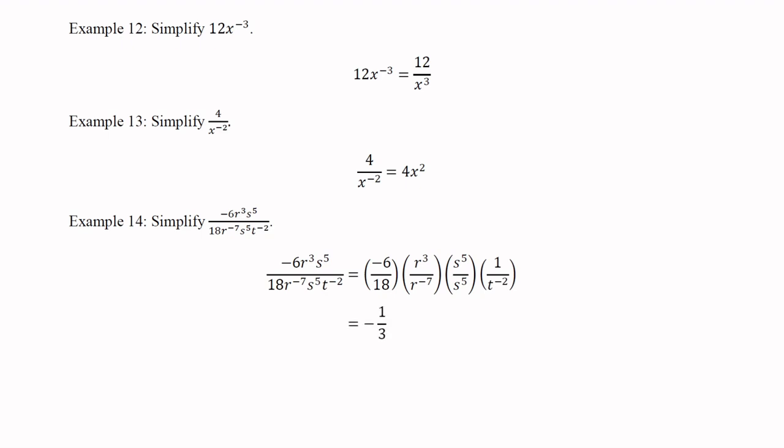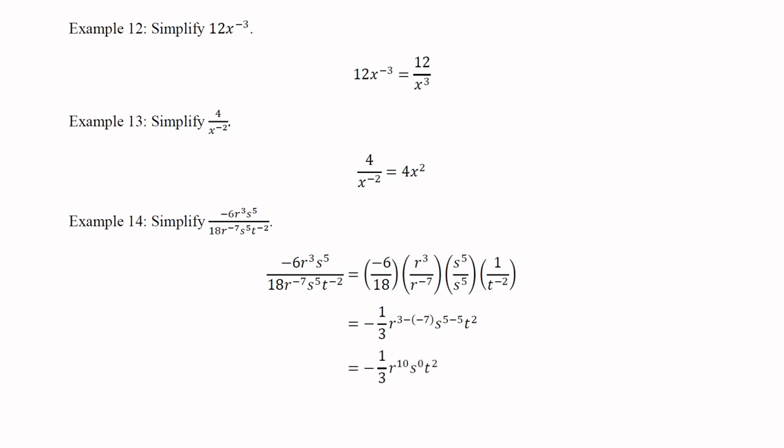So negative 6 over 18 simplifies to negative 1/3. We can use the quotient rule to do r to the 3 minus negative 7. We can use the quotient rule to do s to the 5 minus 5. And we can use the negative exponent rule to bring our t to the negative 2 up to the top and make it t squared.